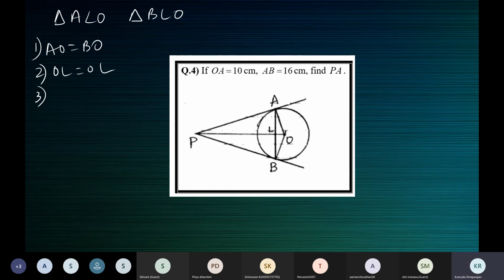OL is equal to OL, common side. What's the third equality? Yes. Angle ALO is equal to angle BLO, 90 degrees. No, that's not given, right? Okay, what is the reason?